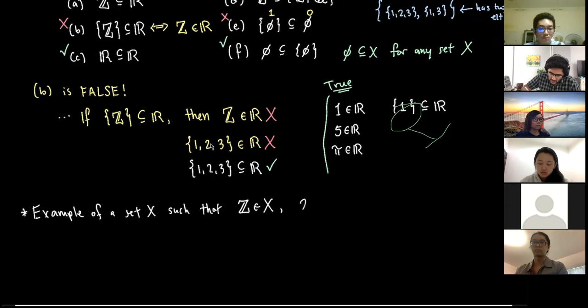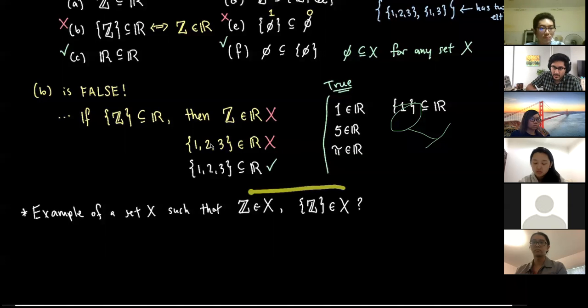Maybe 2. No. So example of a set X such that Z is an element of X. And let me think of an example off the top of my head. Maybe that the set containing Z is also an element of X. Here we go. Can someone give me an example of this set?